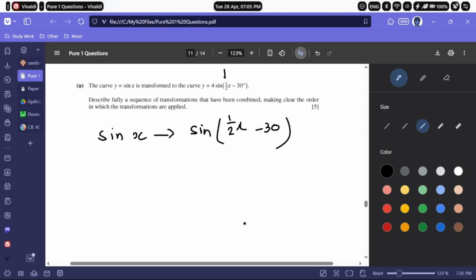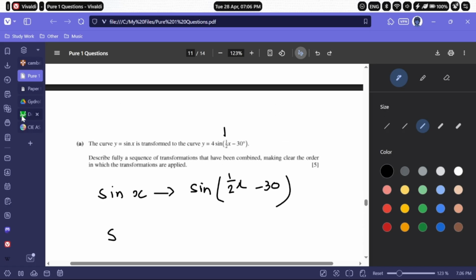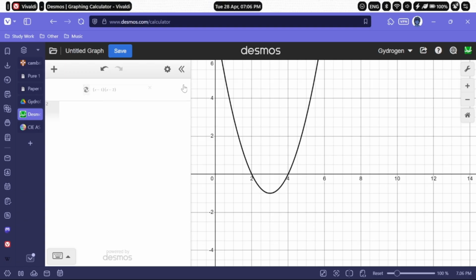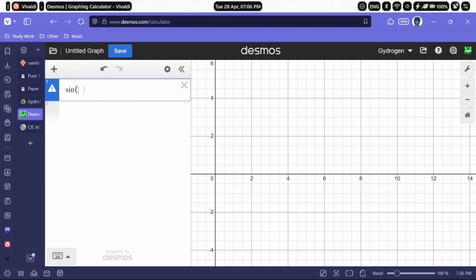Since it's x by 2, obviously this stretch factor would be 2 in the x direction, right? You would get a better idea if I go through the actual graph, so that you can visualize how that would work.